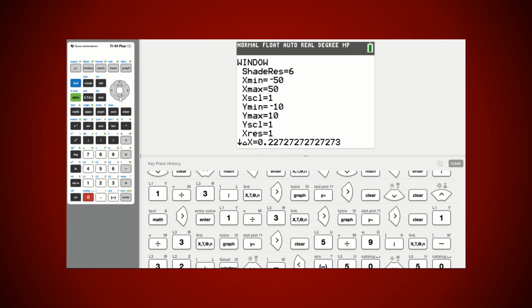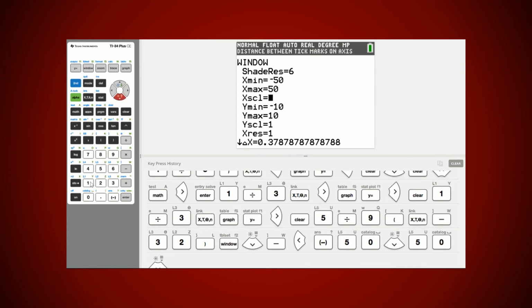Let's give it a scale of 10. And I'm going to leave the y minimum and y maximum, which are the degrees in Celsius, alone. Let's graph this thing.